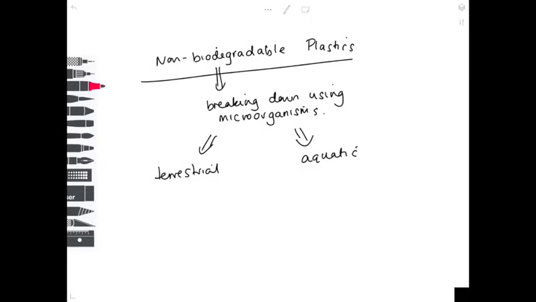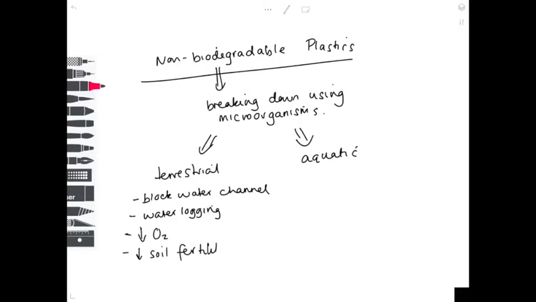So terrestrially, believe it or not, the plastics can block water channels, meaning that the water can't drain away and sits in the soil, which we call waterlogging. And if there's too much water in the soil, it actually leads to a decrease in the amount of oxygen available in the soil, thus decreasing the soil's fertility, meaning that plants can't grow as well.